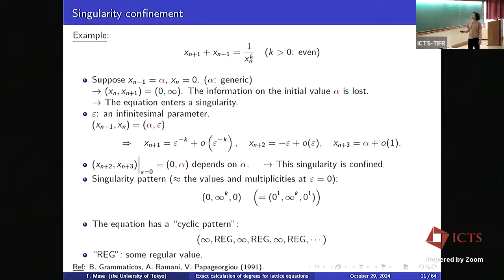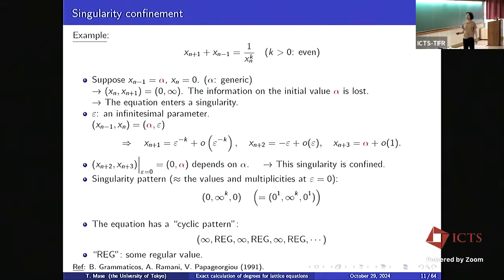Suppose x_{n-1} is some generic value alpha, and x_n spontaneously becomes 0. Alpha is generic, so this condition has 1 degree of freedom. But the next step is infinity to the k, to be exact. But this has no degree of freedom anymore. So the information on the initial value alpha is lost. This is the definition of a singularity.